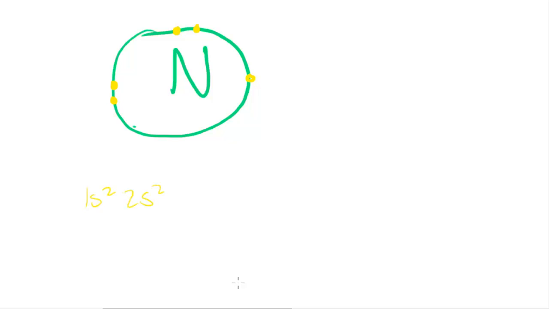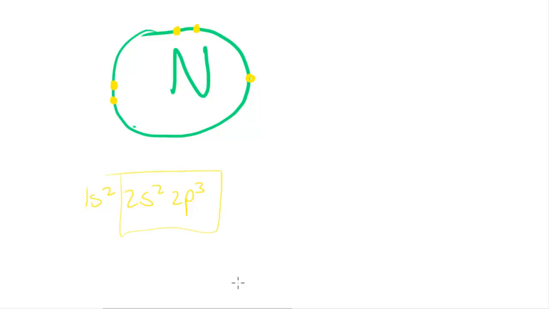Because as you remember from one of my previous videos about electron configurations, the electrons like to fill one orbital only after the other ones have been partially filled, so before pairing up. So we've only done this so far, so that's why these aren't paired up.